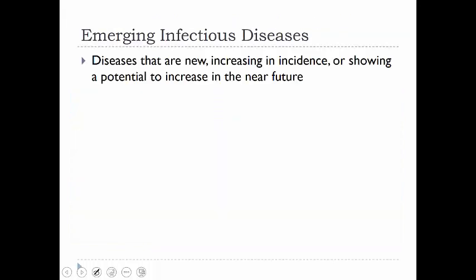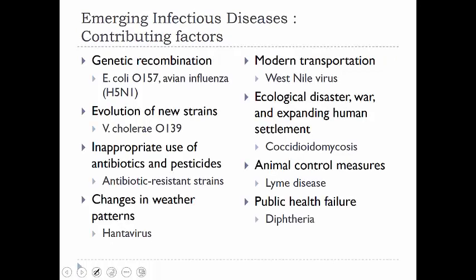Emerging infectious diseases are diseases that we're finding an increase in incidence or show that possibility in the future. Here are some examples of contributing factors that could cause this increase in infectious disease. One is genetic recombination.